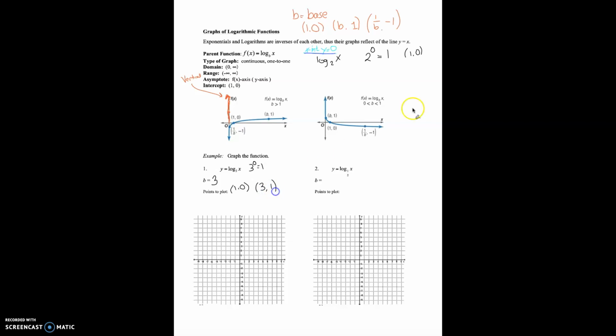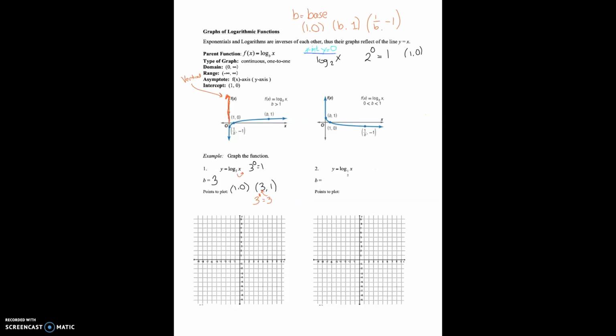Why does that work? Let's look. Well, 3 to what power? 3 to the first power is equal to 3. So that's where we get our 3, 1.